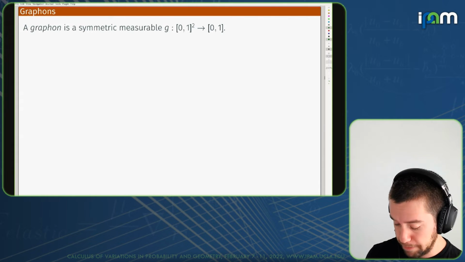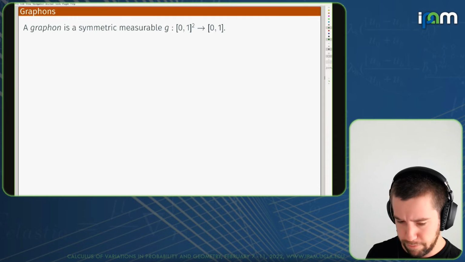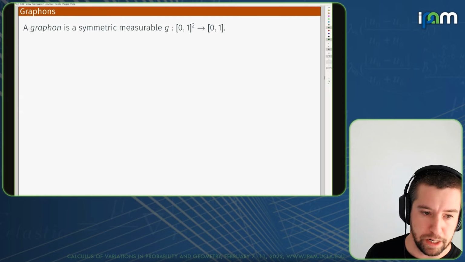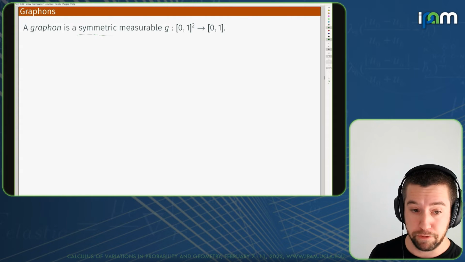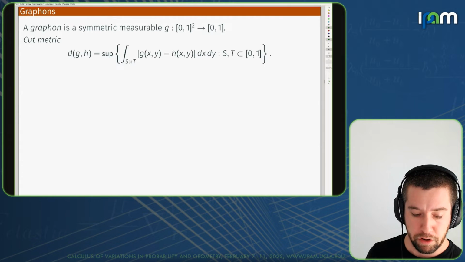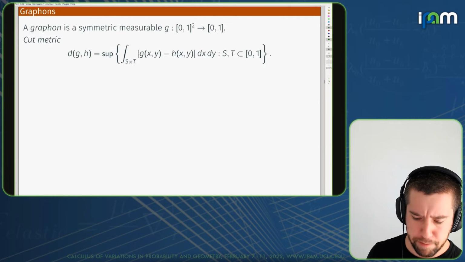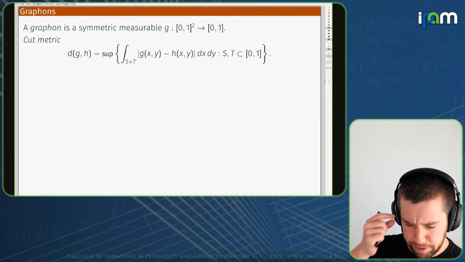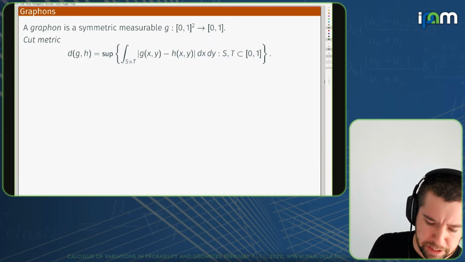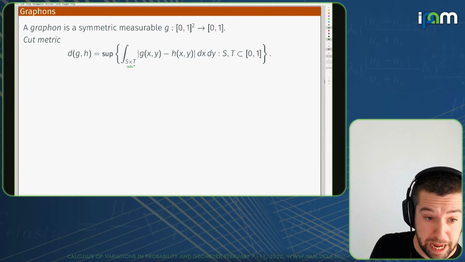So this is what graphons are all about. I'll say very briefly and very vaguely what's going on. A graphon is a symmetric, again meaning g(x,y) is g(y,x), measurable function from the square to the interval. We put the following metric on the set of graphons. This metric is called the cut metric, and I don't really care too much about the definition in this talk. Let me point out, if instead of taking the supremum over product sets, I took the supremum over any measurable set of the square, then I would get the total variation distance.